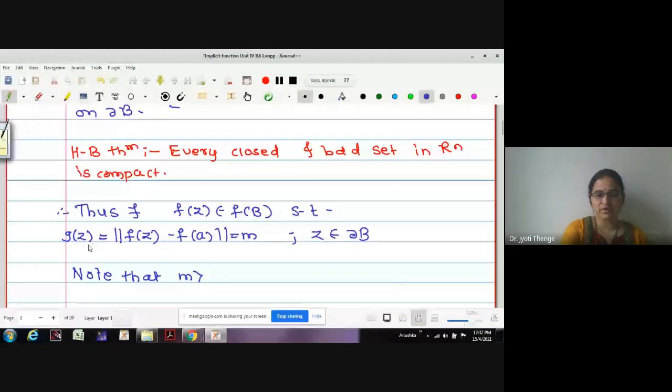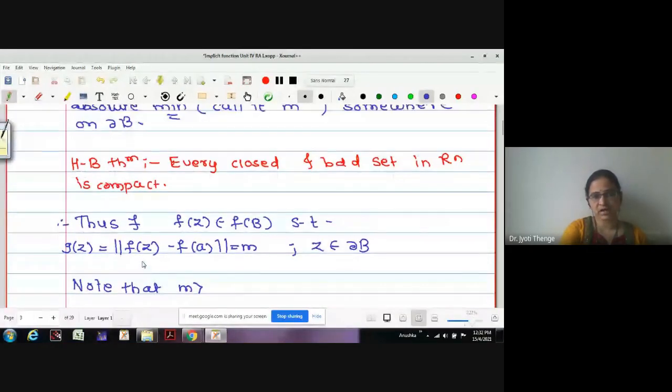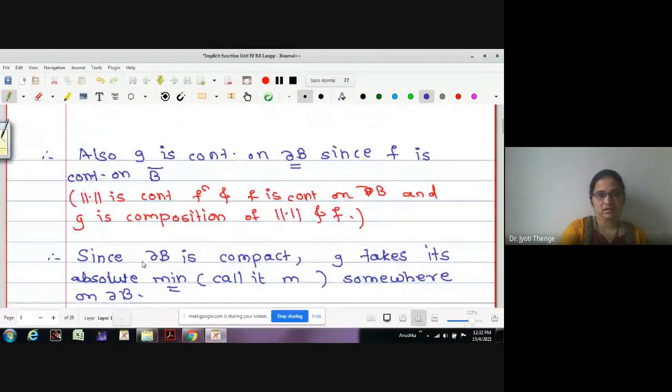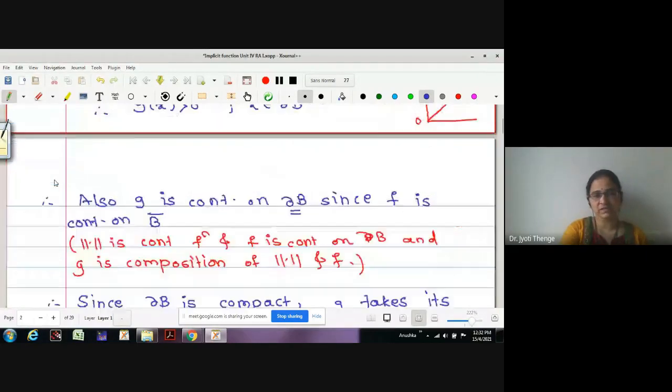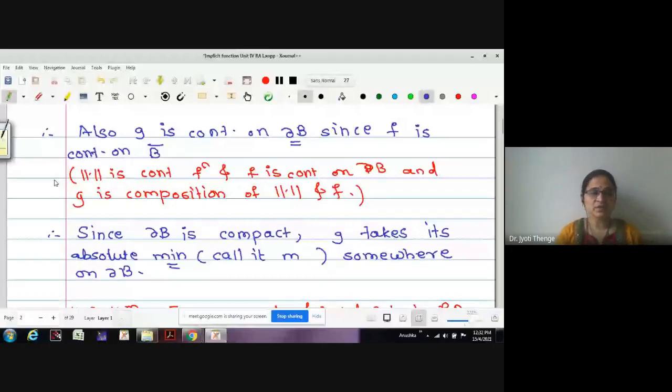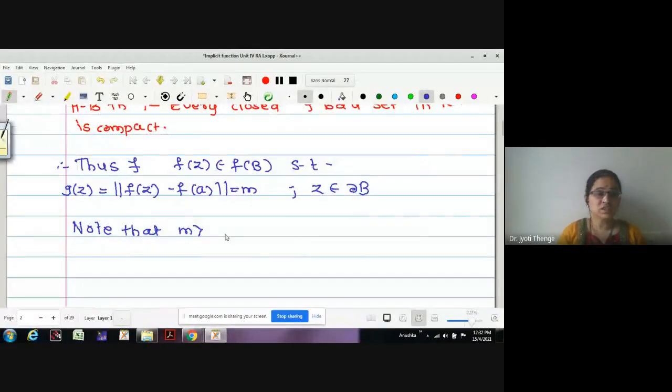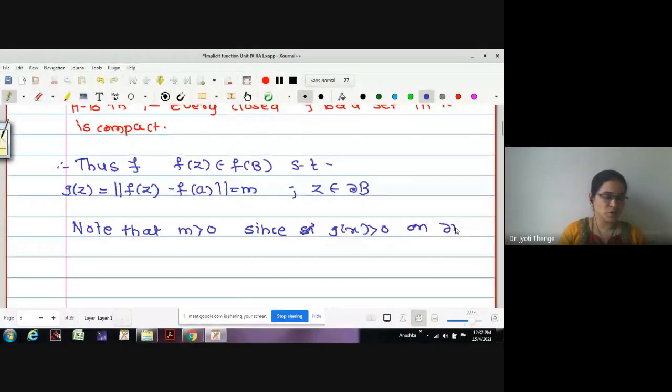Because g of x we have defined as norm of f(x) minus f(a), correct? And here we were writing norm of f(z) minus f(a). Therefore, this is g(z), and we know g always has a value greater than 0. Therefore, this m is also greater than 0 since g is positive.